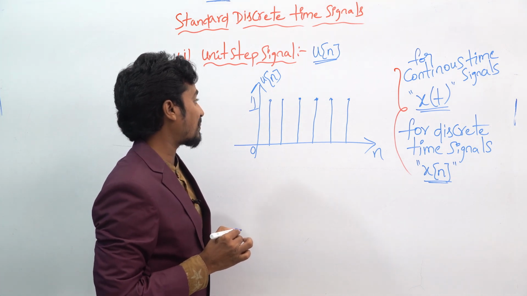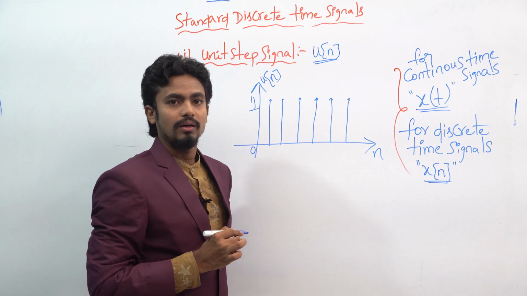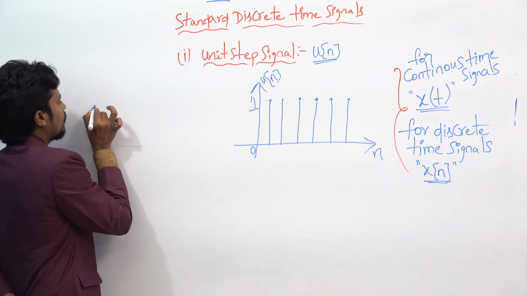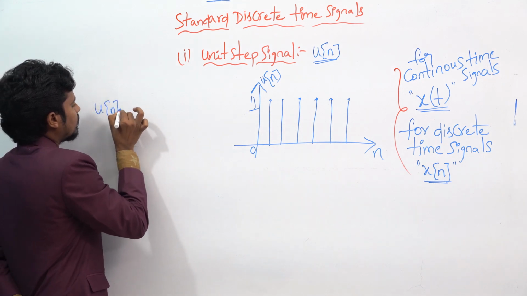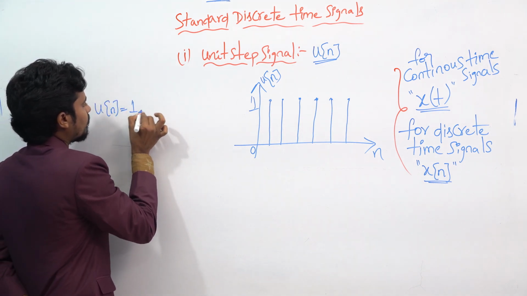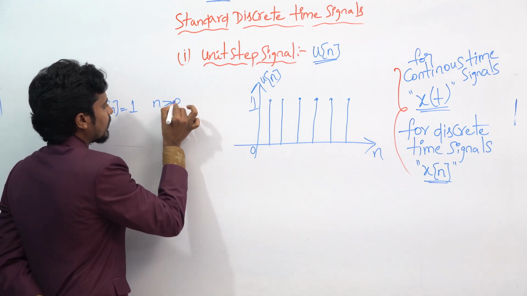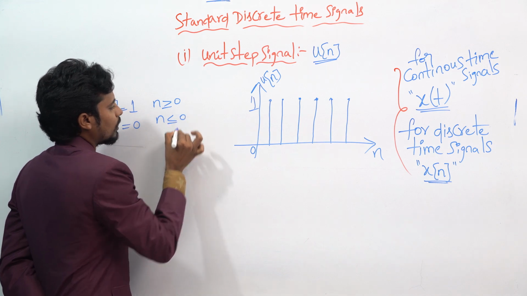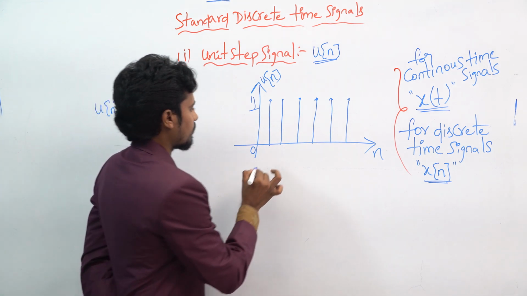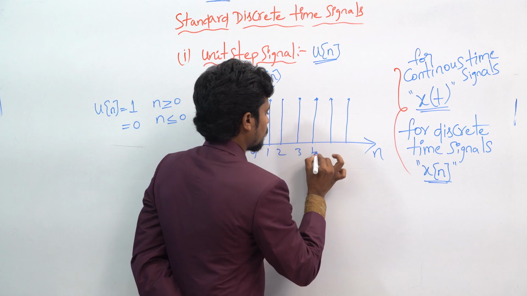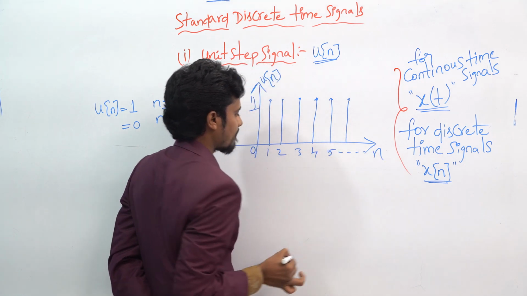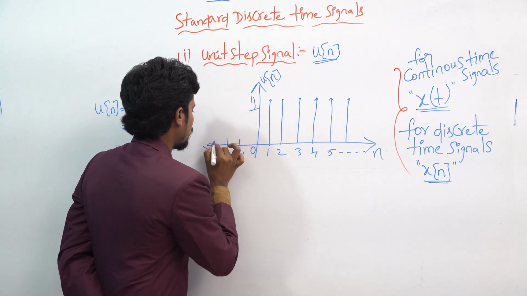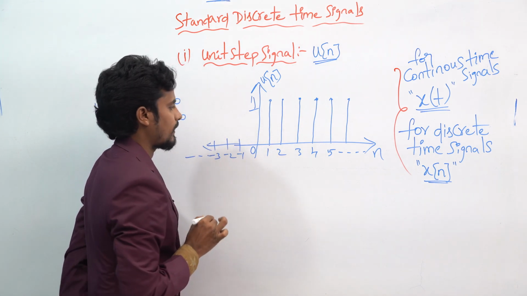If you want to represent this unit step signal in representation form, it is like this: u of n equals 1 for n greater than or equal to 0, and equals 0 for n less than or equal to 0. Here you can observe 1, 2, 3, 4, 5 and so on, and here -1, -2, -3 and so on.